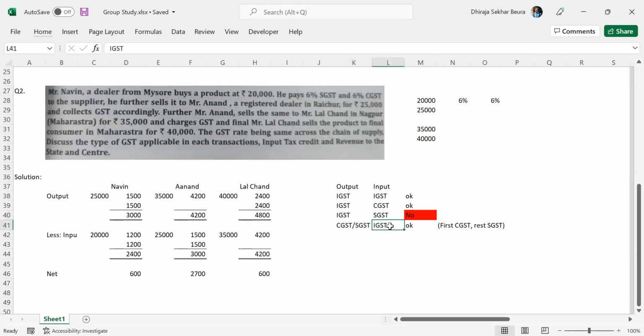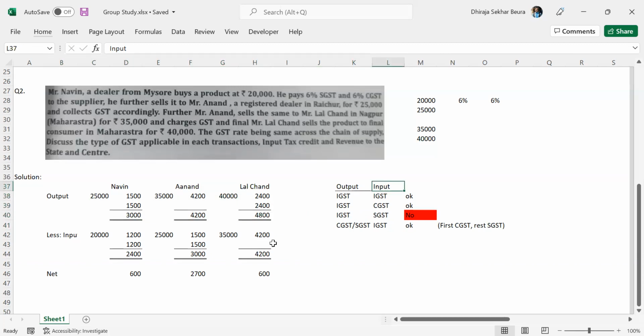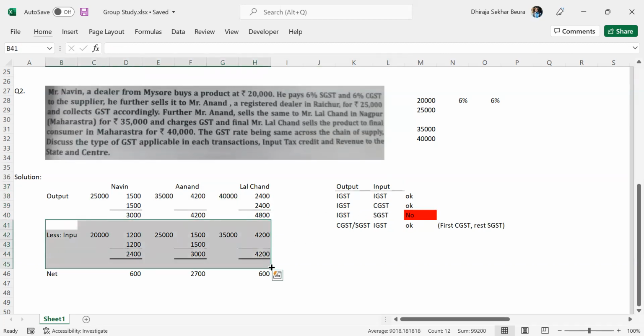Output is the output tax liability, on the sell part. Output is what I have to pay. Input is what I have already paid, on purchase. Yes, that's right.